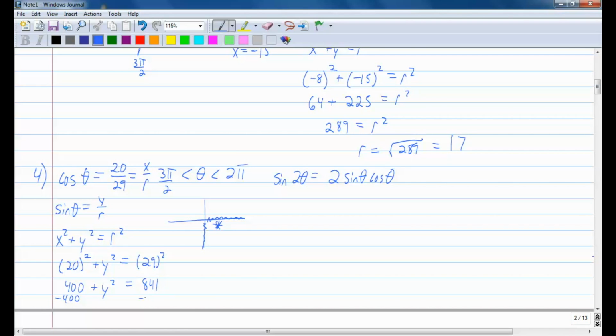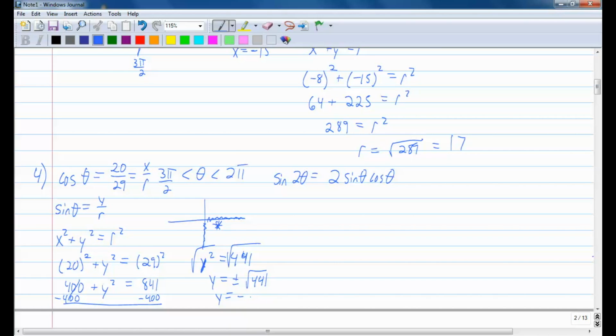Subtract 400 from both sides, and we're going to get y squared equals 441. So if I take the square root of both sides, you get y equals plus or minus the square root of 441, but since we're in the fourth quadrant, we need to take the negative answer.